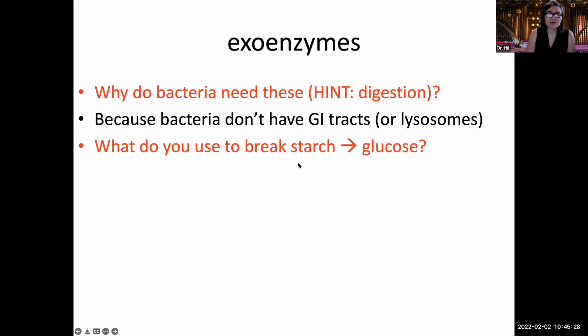So what do we use? What does our body produce in order to break starch down into its component glucose monosaccharides?